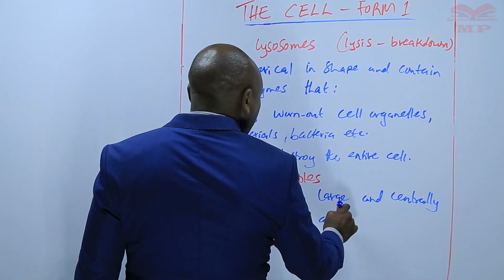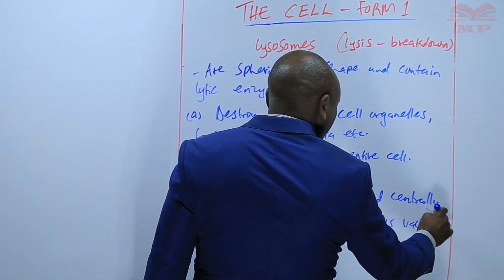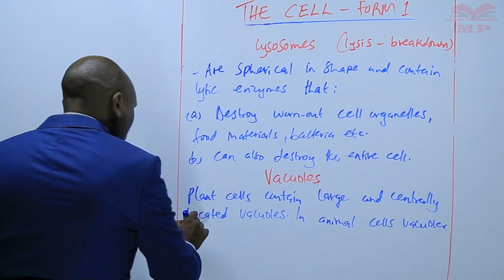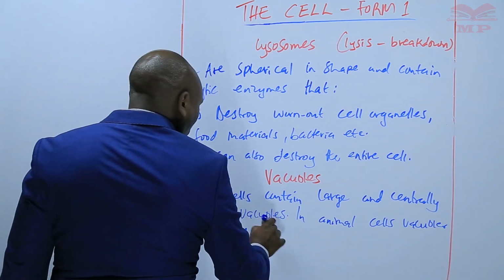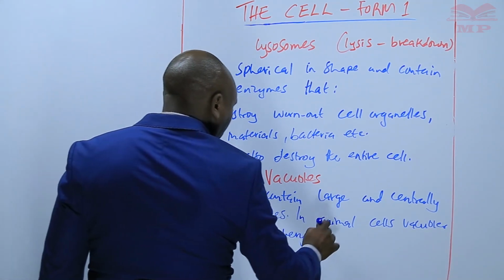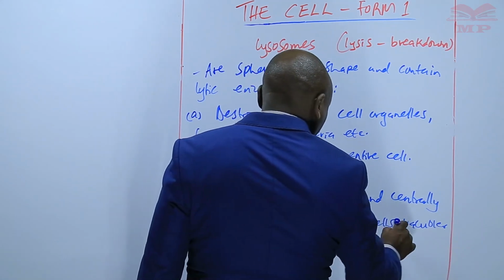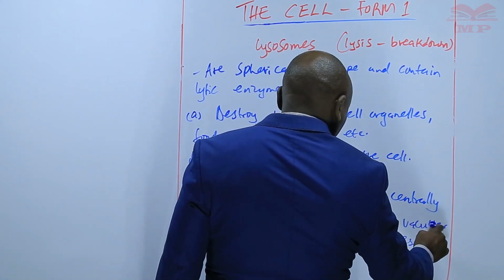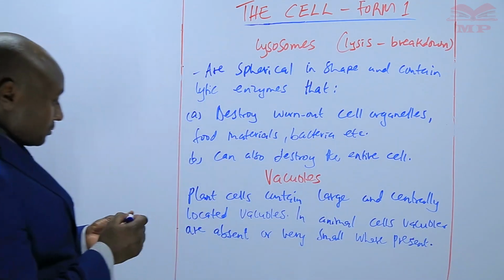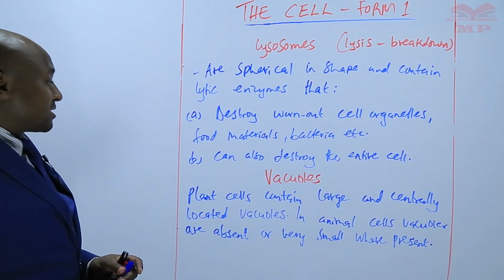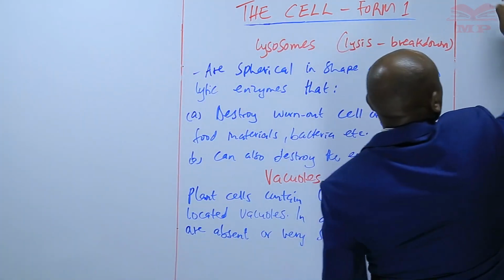In animal cells, vacuoles are absent or very small where present. Let's look at the functions of the vacuoles.